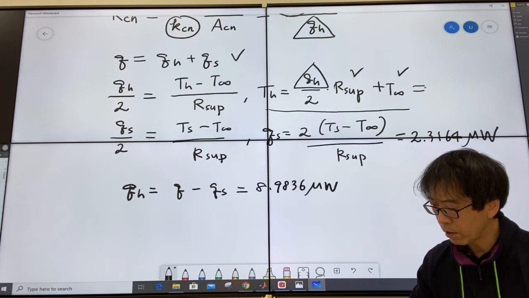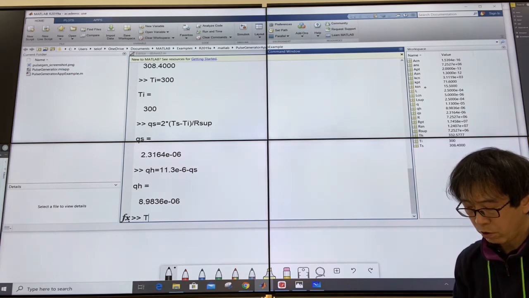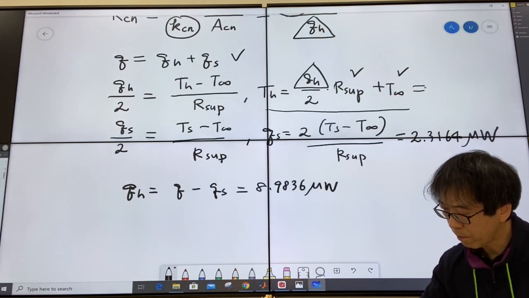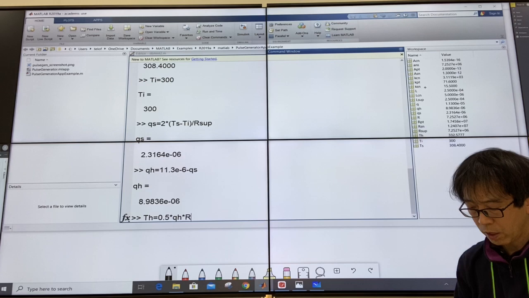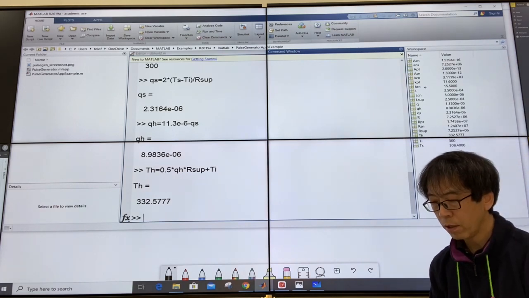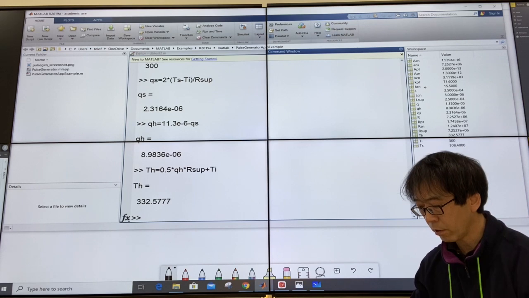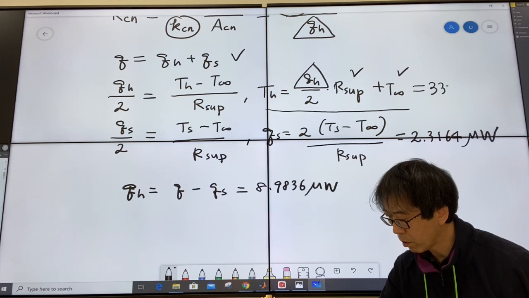TH equals half of QH times R sub, thermal resistivity of supporting element, plus T infinity. Wow, pretty high actually, 332.577, which will be 332.578 Kelvin.